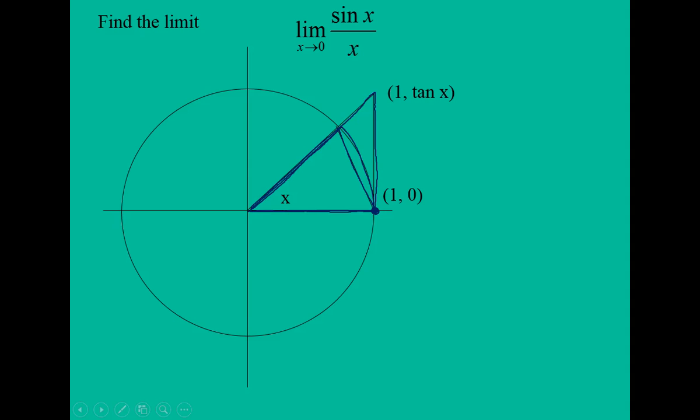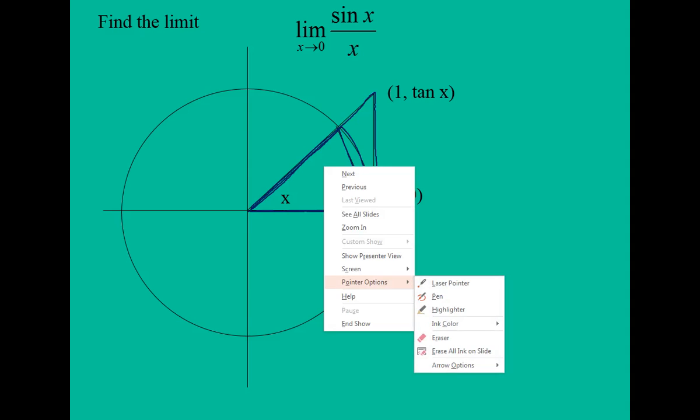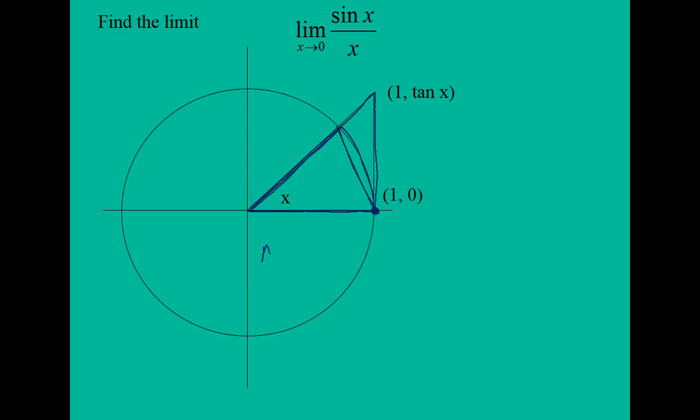Now we know to find the area of a triangle, area equals 1/2 base times the height. Well, for that large triangle, this here would be our base. So we would have area equals 1/2. Our base would just be 1. Now the height of this triangle is here, and this is our angle. We know this length is 1.